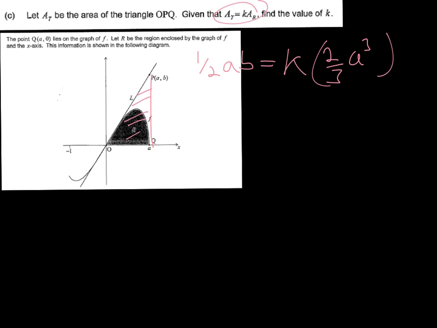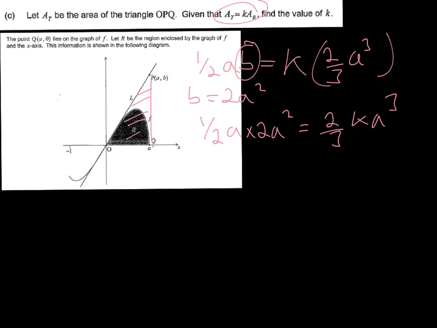So if we take b, we can express that in terms of a. We were asked to do that in the first part of the question. So we know that b could be expressed as 2a². So I can just rewrite this as half a times 2a² is equal to 2/3 k a cubed.